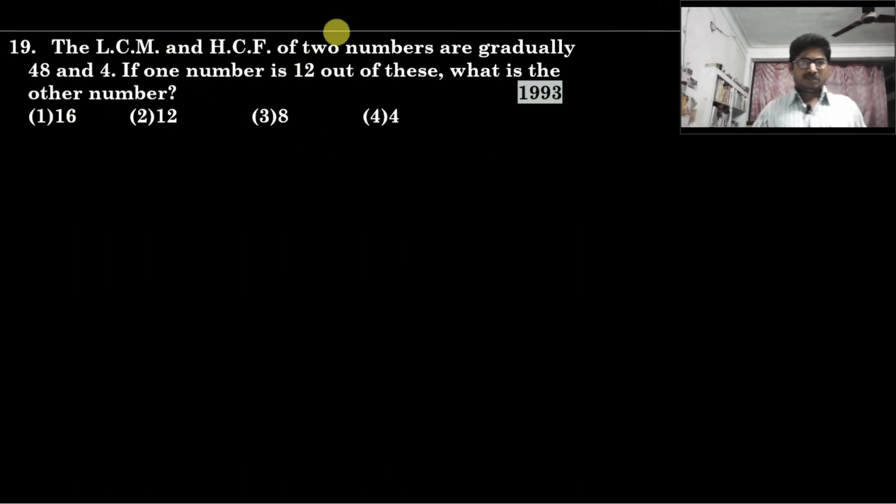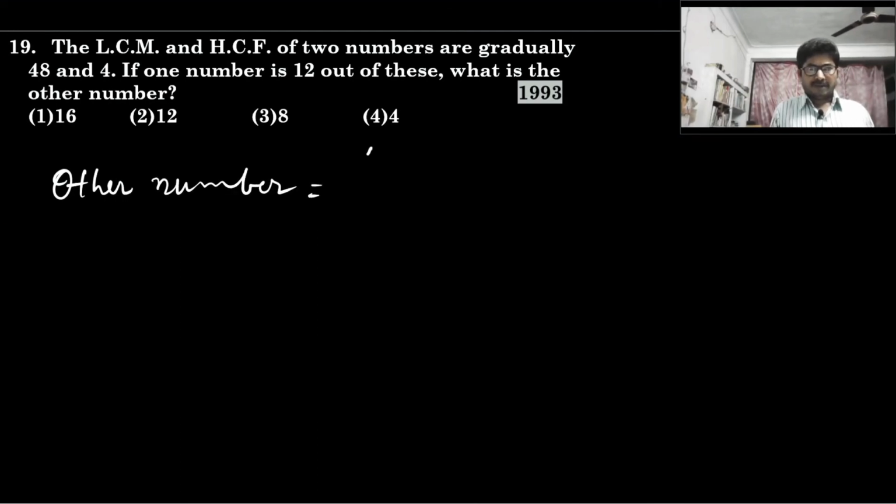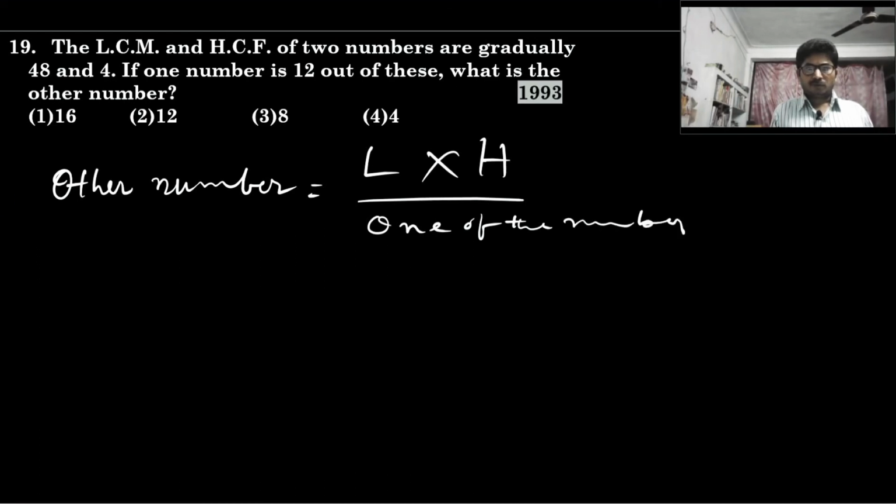Question 19: the LCM and HCF of two numbers are 48 and 4 respectively. If one number is 12, what is the other number? There is a formula to find the other number: the other number is equal to LCM into HCF divided by the given number.